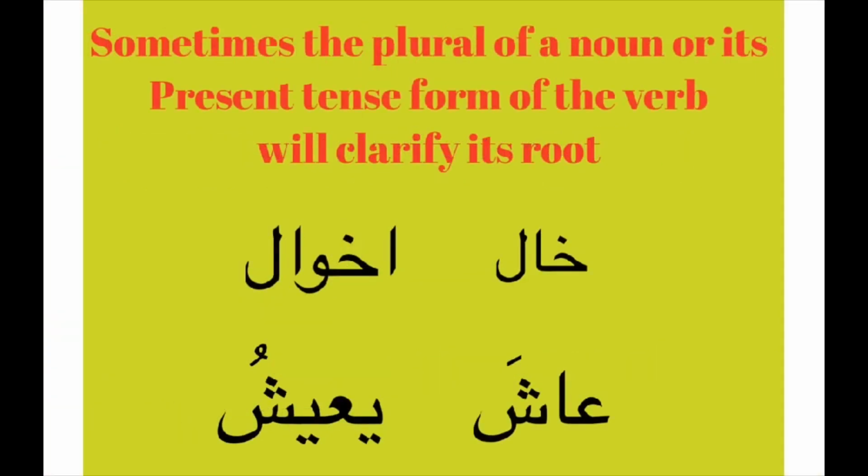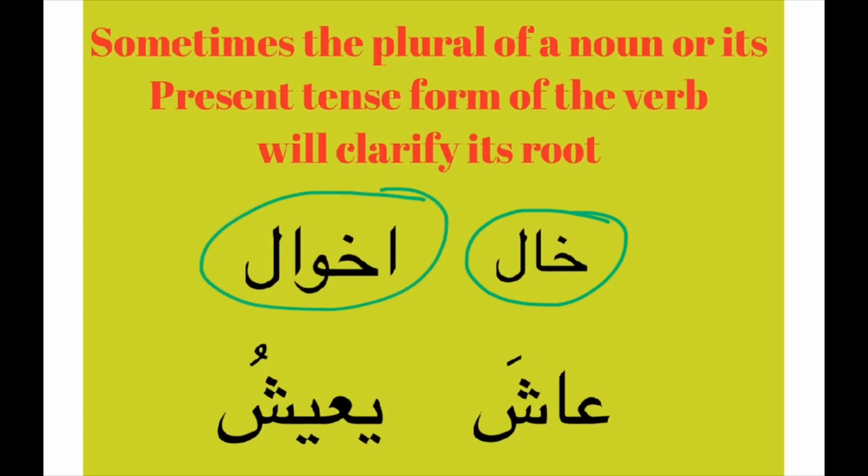When you're looking for a root, sometimes the plural of a noun or the present tense form of the verb will clarify its roots. For example, the word khal. In its plural form, akhwal, you can see clearly that the root letters are kha, waw, and lam.